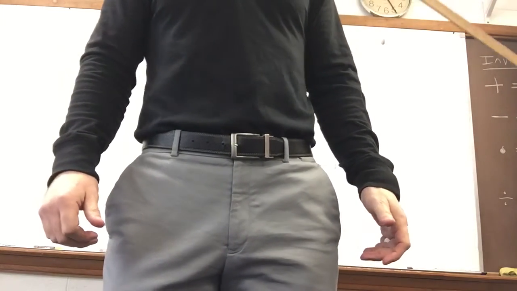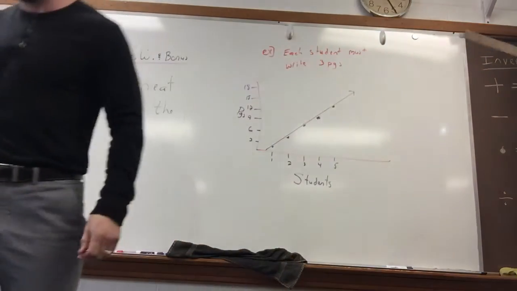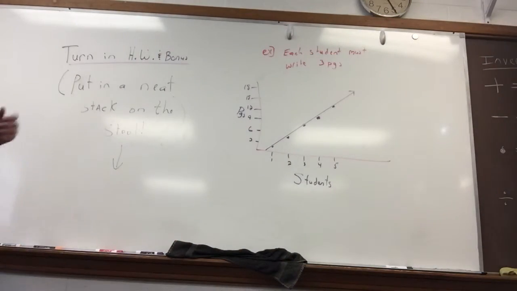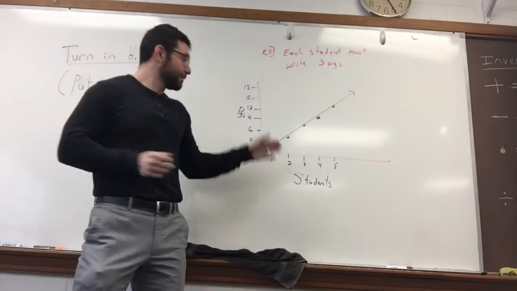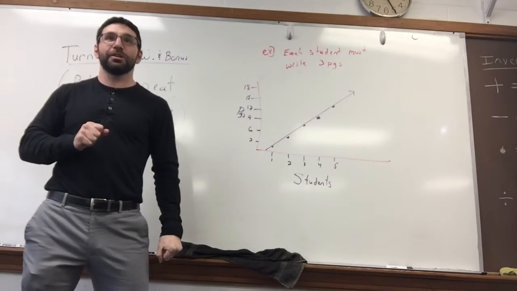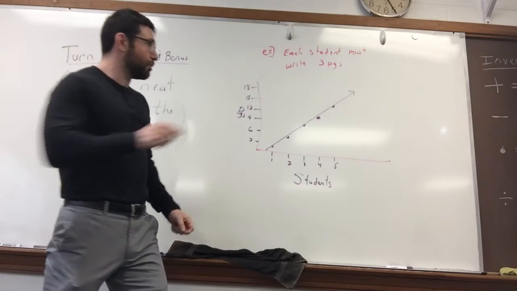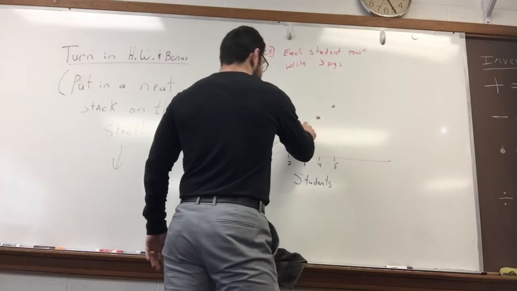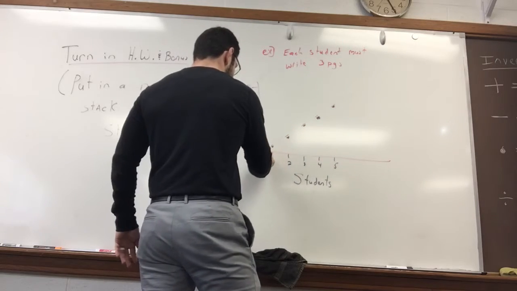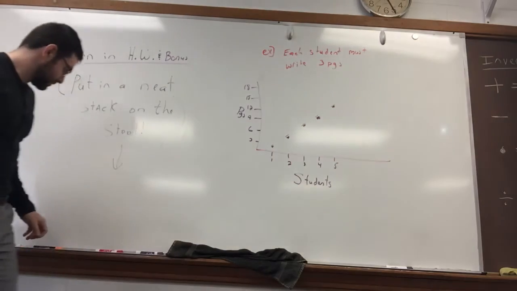Can we have half of a student? Are we going to say 1.25 of a student are going to write a paper? No. So we cannot connect the points.